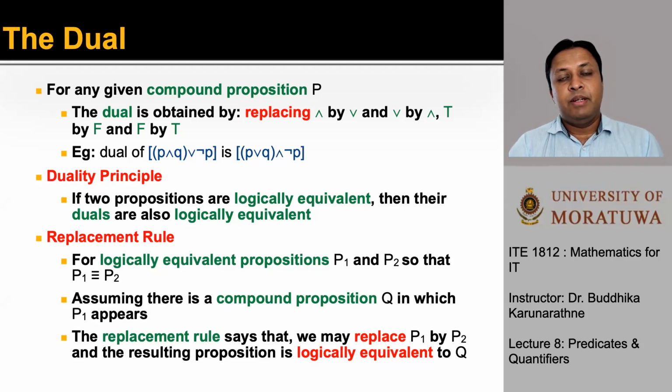For logically equivalent propositions P1 and P2, so that P1 is equivalent to P2, assuming there is a compound proposition Q in which P1 appears, the replacement rule says that we may replace P1 by P2, and then the resulting proposition is logically equivalent to Q. So basically, replacing P1 by P2, the resultant proposition is logically equivalent to the original proposition, which was Q. So that is the replacement rule.